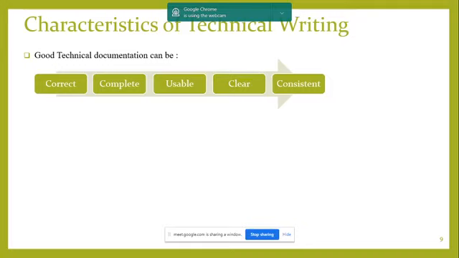Have correct information, complete information, clear and consistent. When you have collected your evidence, you should have correct evidence, and whatever information you provide in a paragraph should be a complete one.